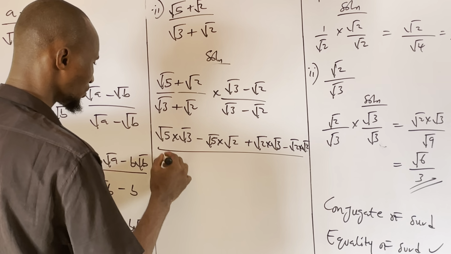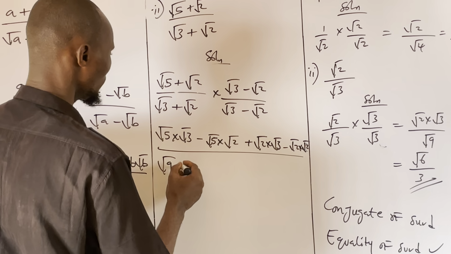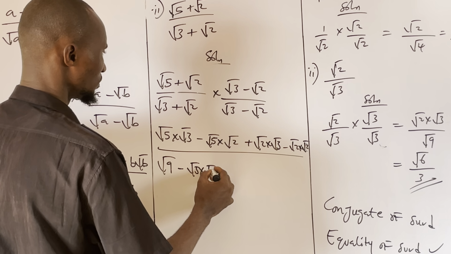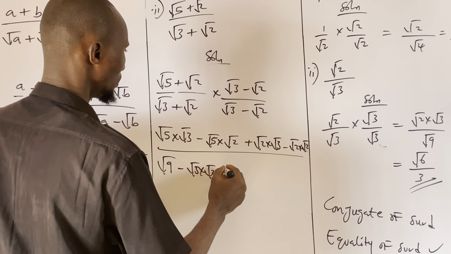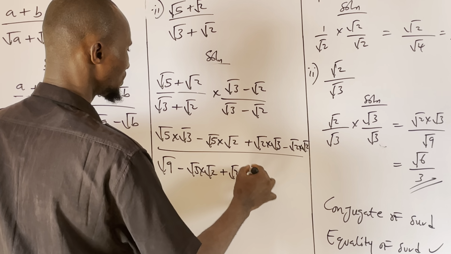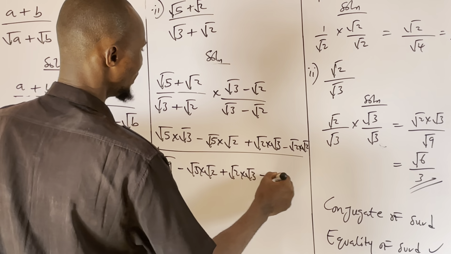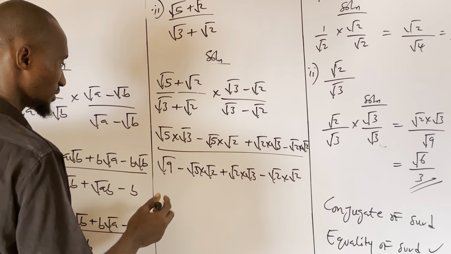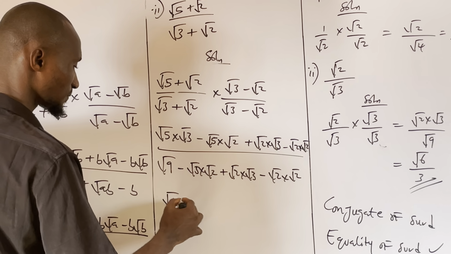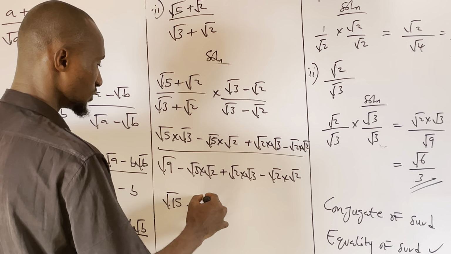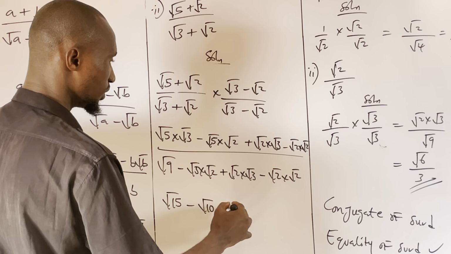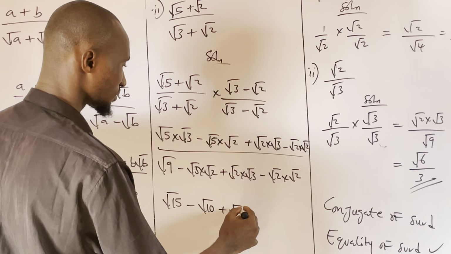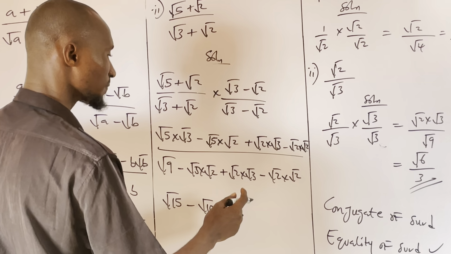Over, this time this will give us root 9 minus root 3 times root 2 plus root 2 times root 3 minus root 2 times root 2, which is root 4. So here we have root 15, right? Minus root 10, plus root 6.